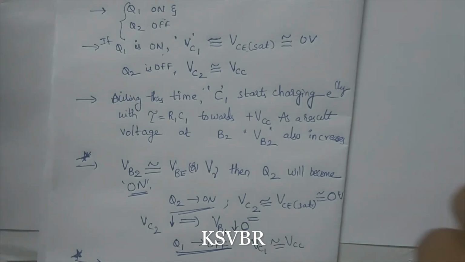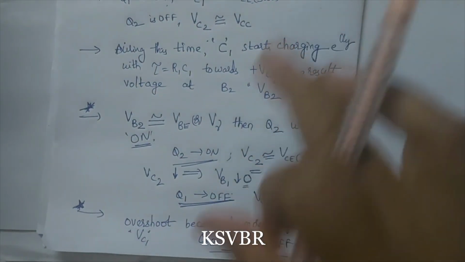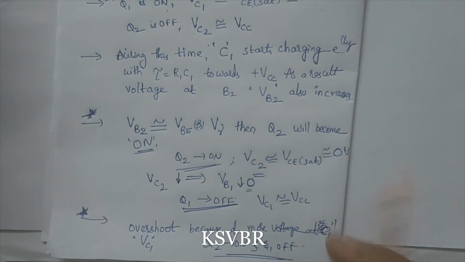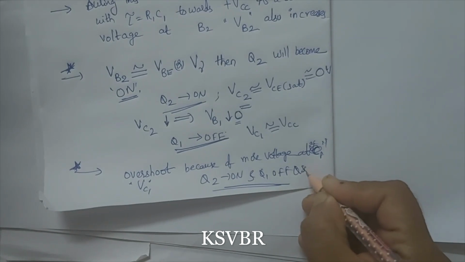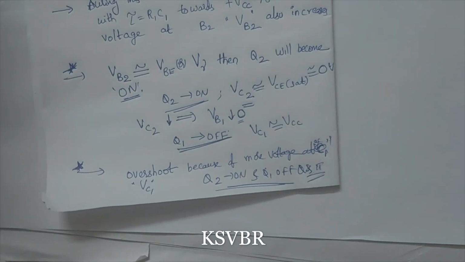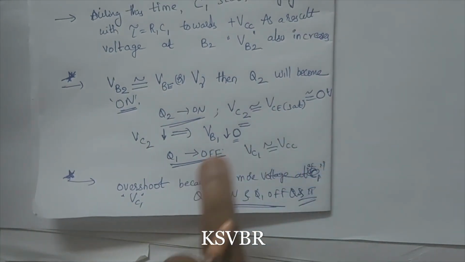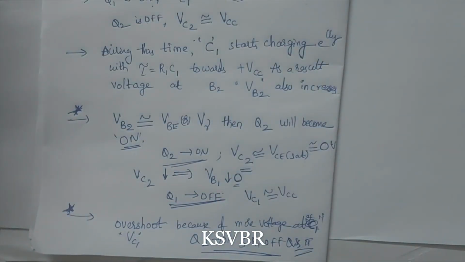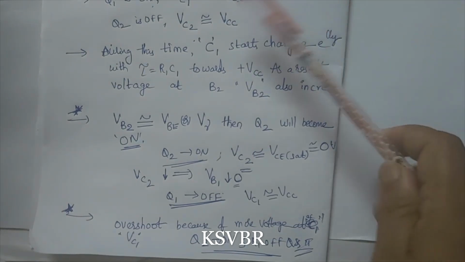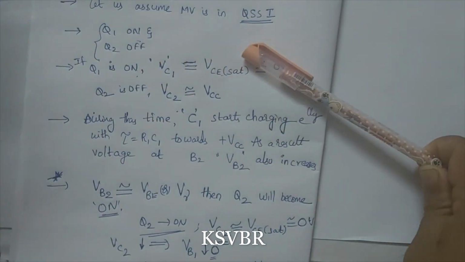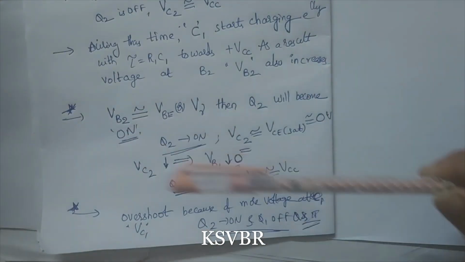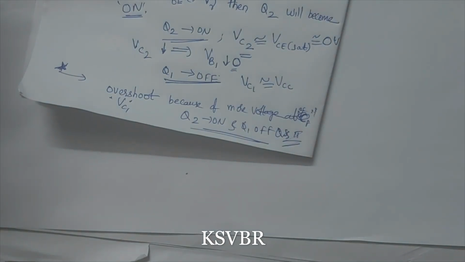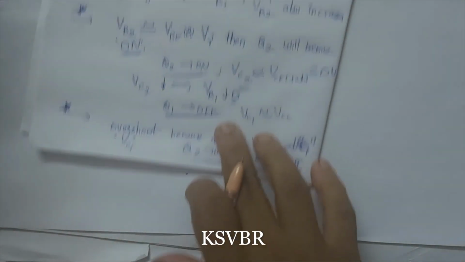Like this, from quasi-stable state 1 we reached quasi-stable state 2 in the astable multivibrator. The same cycle repeats from quasi-stable state 2 to quasi-stable state 1. You have to write this cycle in examinations.